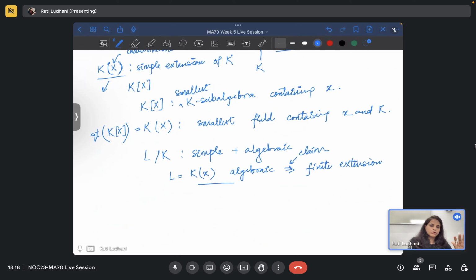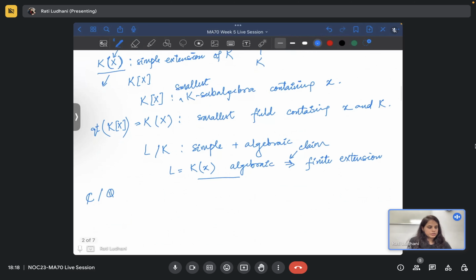As you know, only algebraic does not mean that this is a finite extension, because you can take, for example, C over Q. You know that every polynomial has a root in the complex numbers from the fundamental theorem of algebra. So this is algebraic, but we know that this is not finite. So there exist some infinite field extensions which are algebraic.